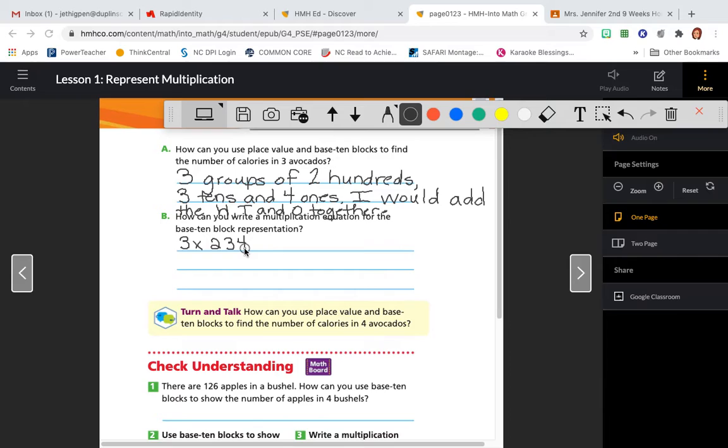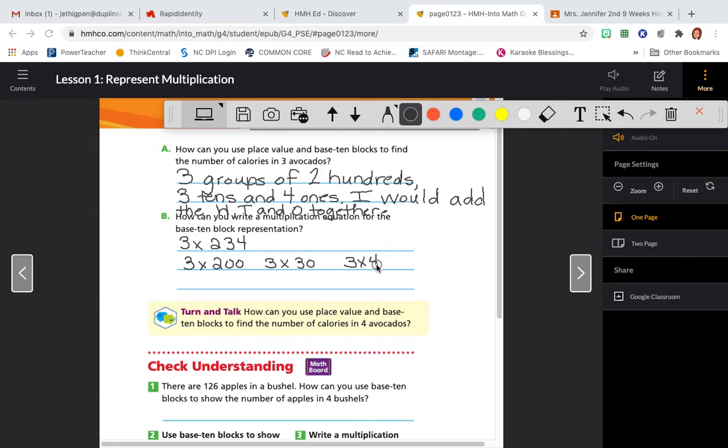And we said we had 3 groups of 200, 3 groups of 3 tens, and 3 groups of 4 ones. So we're going to break that and use expanded form. So we're going to say 3 times 200, 3 times 30, and then 3 times 4.